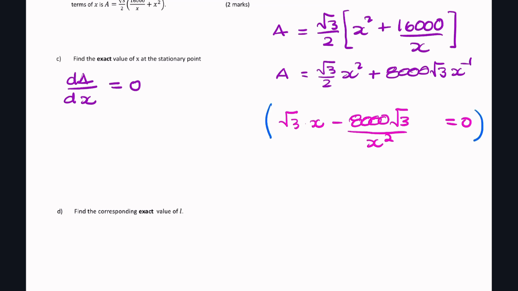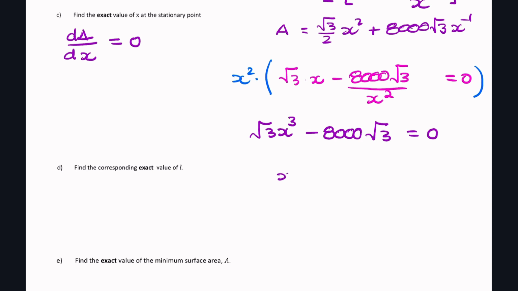So as long as x isn't 0, you're allowed to do that. So multiply by x squared. So that gives you root 3 x cubed minus 8,000 root 3 equals 0. So I can just rearrange, so x cubed equals 8,000. So I've divided both sides by root 3.